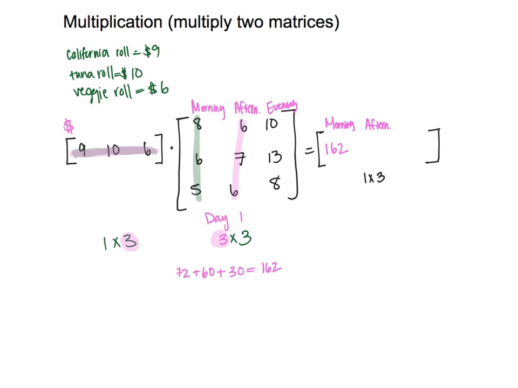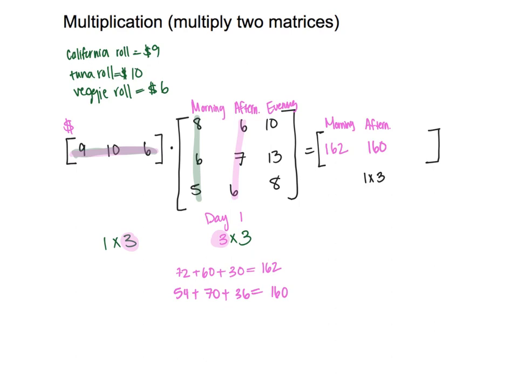I have 9 times 6, which is going to give me 54, plus 10 times 7, which is 70, plus 6 times 6, which is 36. And if I add all this together, 54 plus 70 plus 36 is 160. So I made $160 in the afternoon.